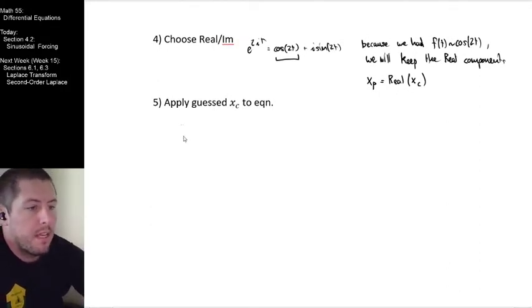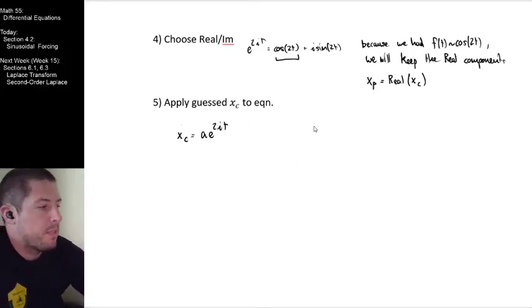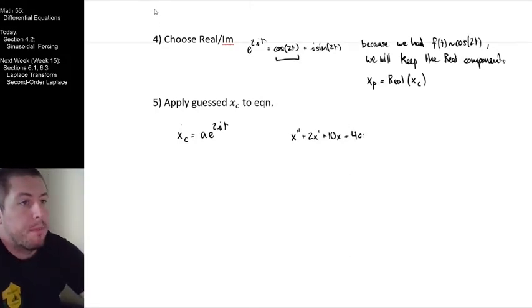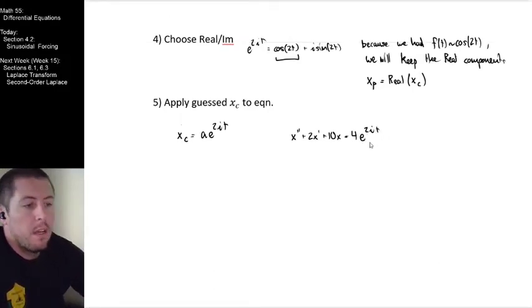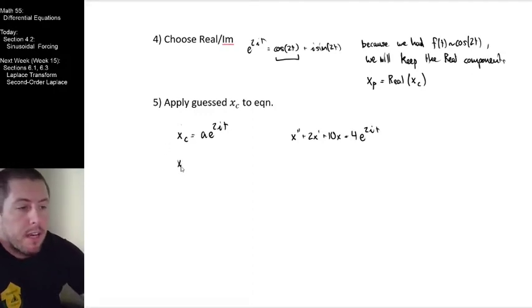So what I'm going to see here is we guessed x sub c was going to be a e to the 2it. I know that I want to plug this thing into our complexified second order differential equation. So that means I need to find my first and second derivatives of this guy.